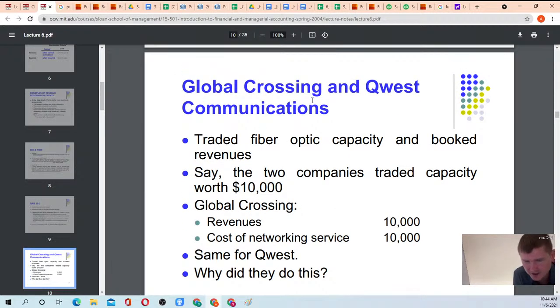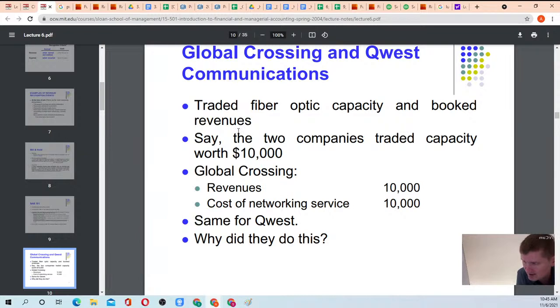And here's another interesting situation. Two fiber optic companies, probably internet companies, trade capacity worth 10,000. So one company provided a piece of its capacity to the other company and vice versa. And basically they have to recognize the revenue in that transaction and cost of sales because they got a consideration back in return.